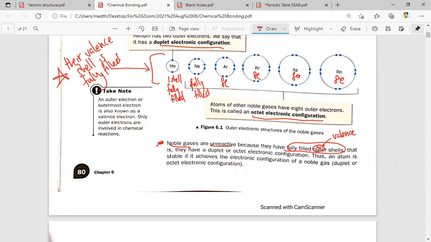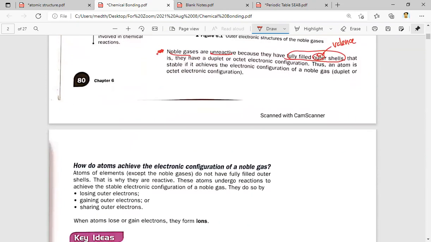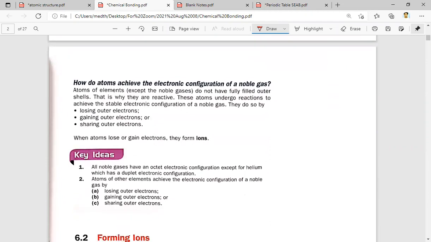So once over here, take note of this. How do other atoms achieve it? Why do I use the word other atoms? Because initially we're talking about noble gases. If we know all noble gases have the valence shell fully filled, then how about other atoms? Other atoms can also achieve the noble gas electronic structure.